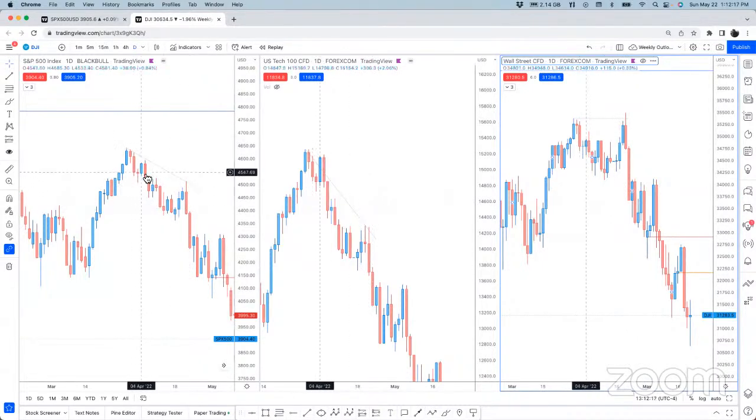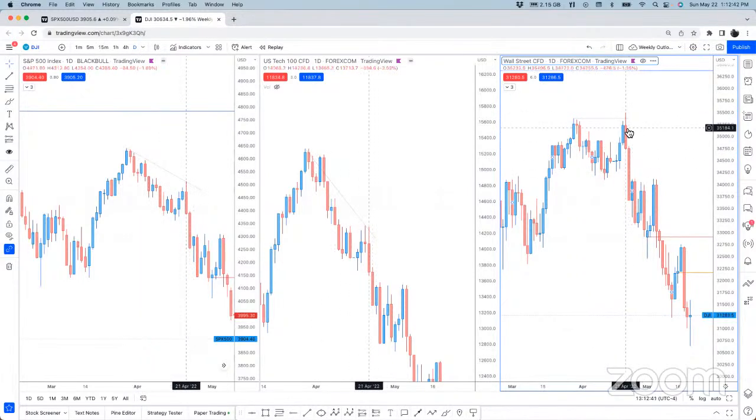But the key thing is to focus on what type of thing is being made as this is done, right? Over here, this high came with an order block and a fair value gap right here. This high came with an order block and a fair value gap right here, right? Order block, fair value gap right here. And then we traded back up into it.